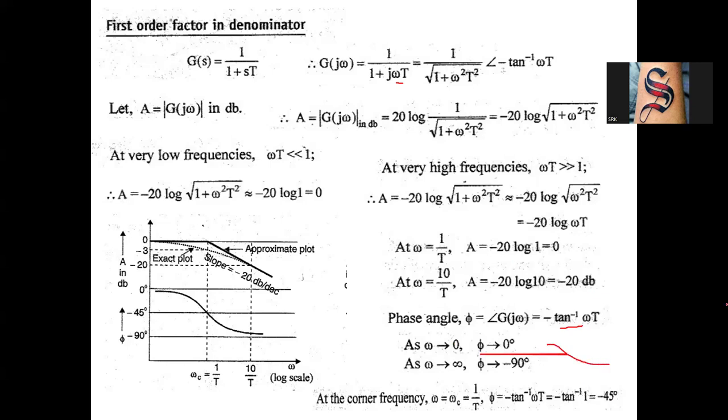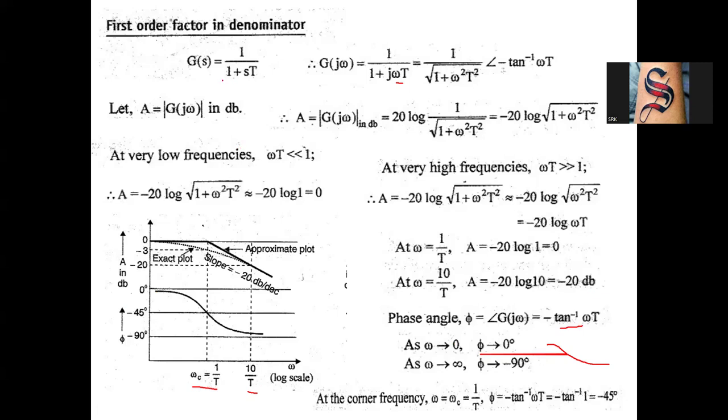So if you draw the magnitude plot for the first order factor in the denominator, omega C is equivalent to 1 by T and 10 by T. Why are we writing omega C as 1 by T here?